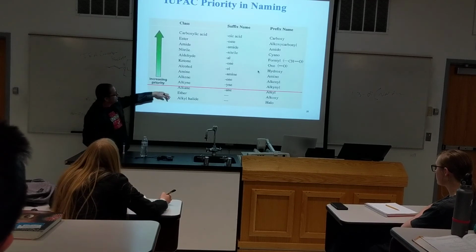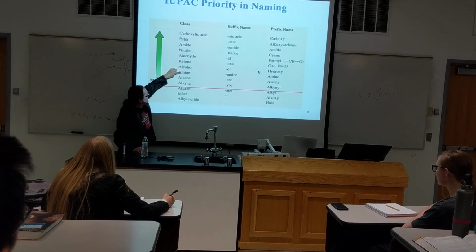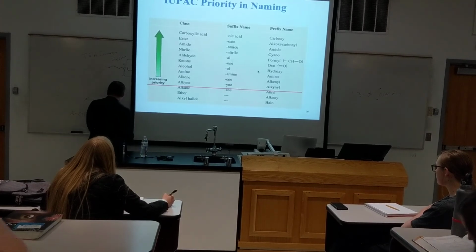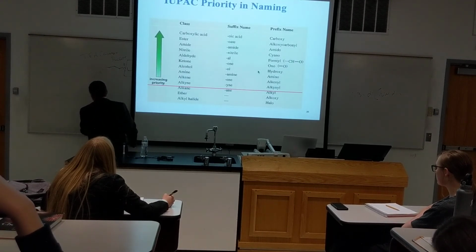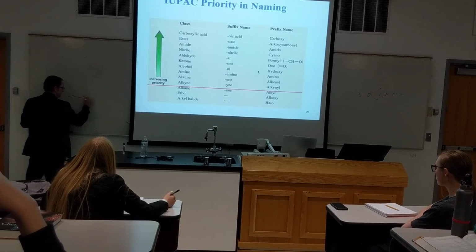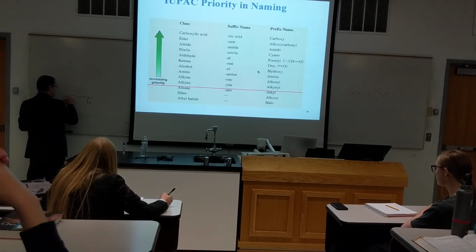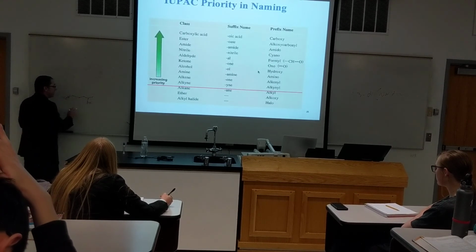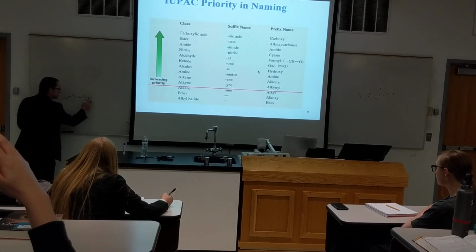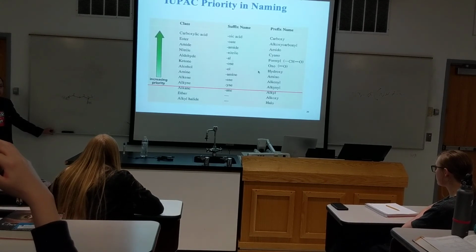So here again, it shows you groups by priority, and right here is the amine just under the alcohol. So if you had an alcohol on it, and let's say you had an amine at the end, this would be a 5-amino-2-pentanol.